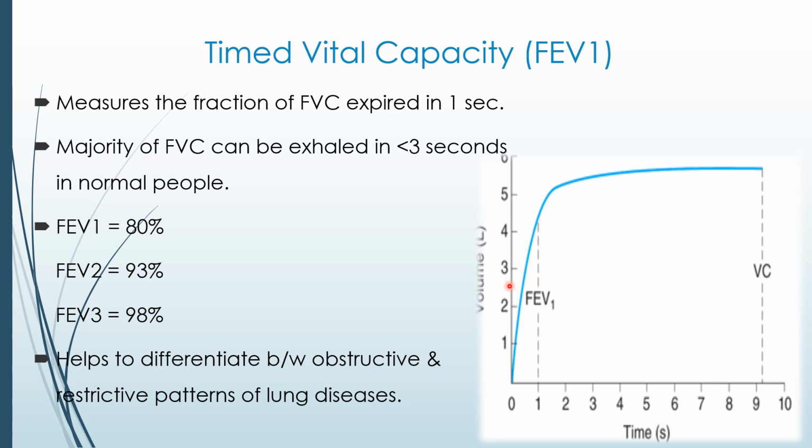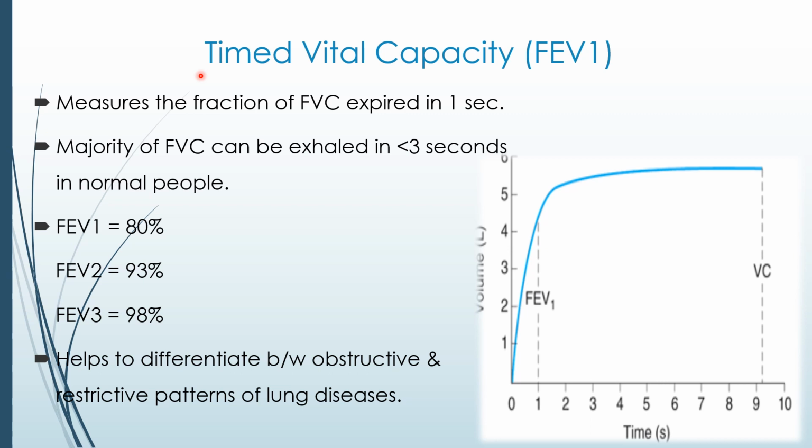In the second second it is around 93%, and in the third second it will be 98%. All these measurements help to differentiate lung diseases, that is, whether they are of obstructive type or restrictive type.